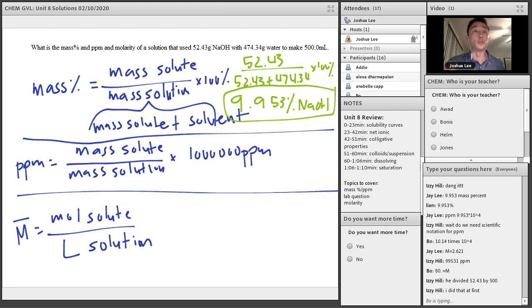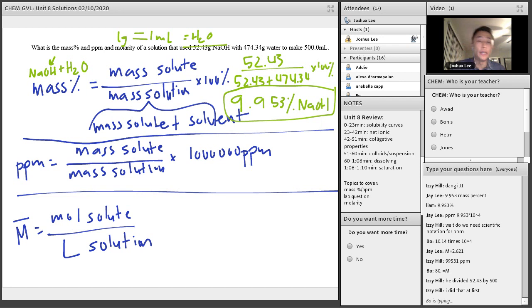Yeah, but remember, since we're mixing it, that 500 milliliters is no longer just water. This is now NaOH plus water, meaning you cannot do that 1 gram to 1 milliliter, because that's only true for water and just water.